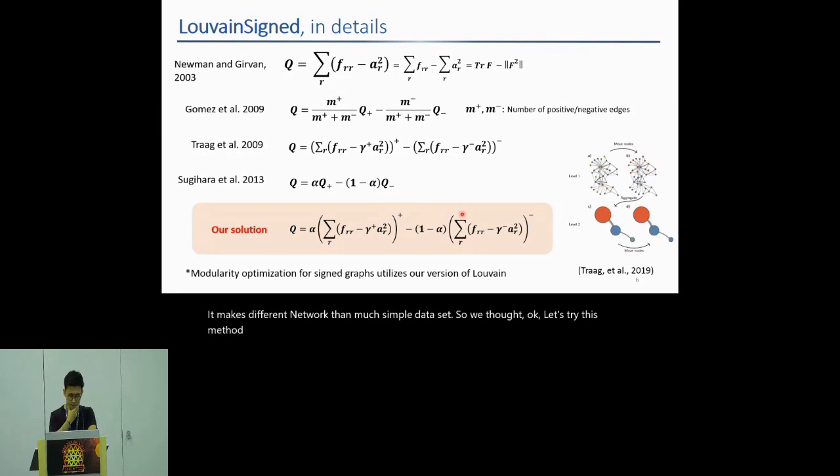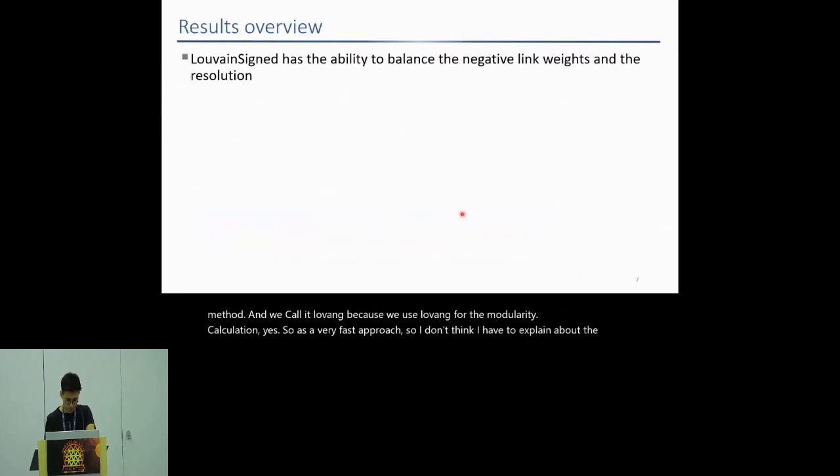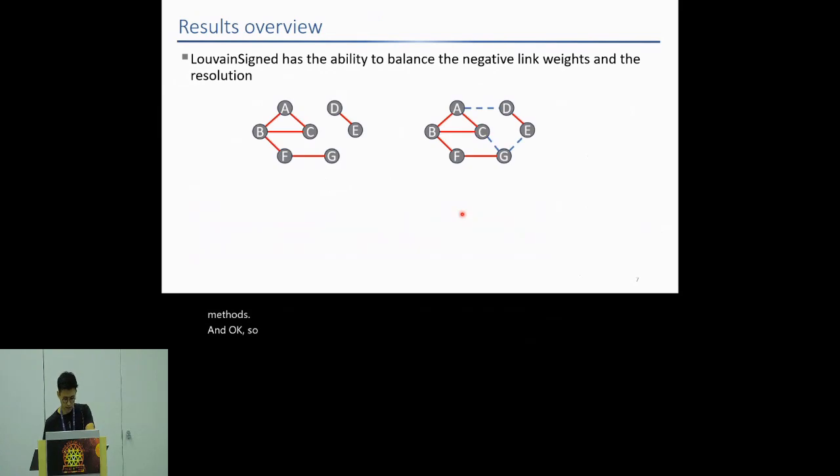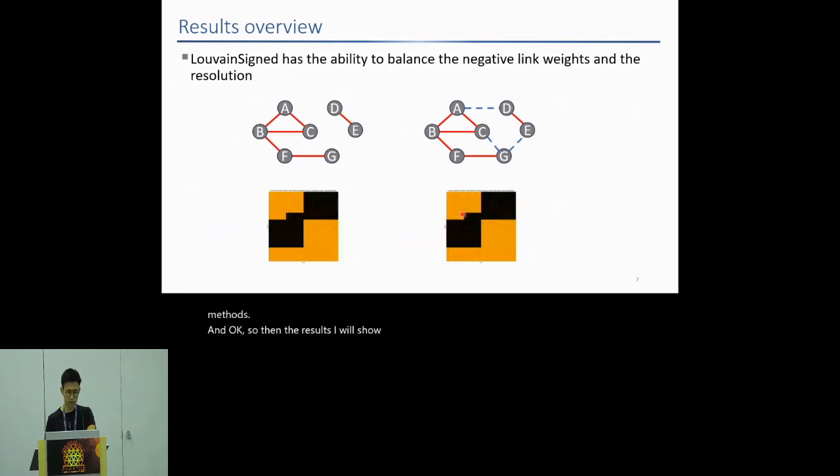And we call it Louvain sign because we use Louvain for the modularity calculation, as a very fast approach. So I don't think I have to explain the Louvain method. And okay, the results I will show here, I'll just explain a little bit the difference between Louvain and Louvain sign. So in Louvain, basically we focus only on the positive links like this one.